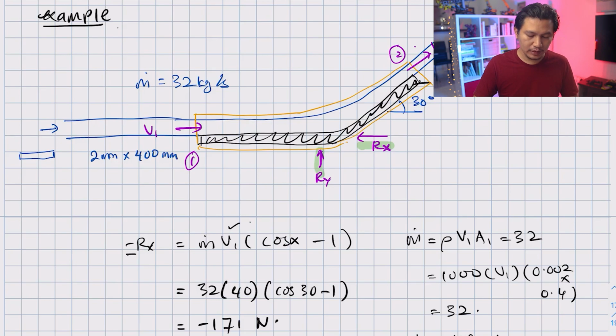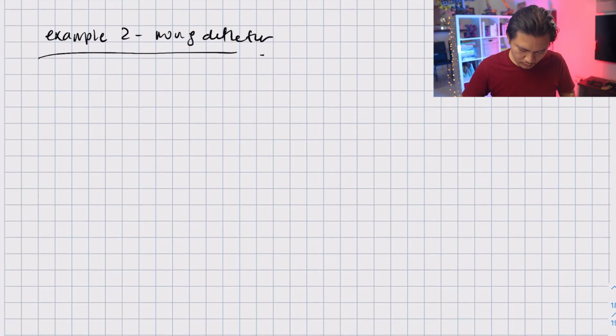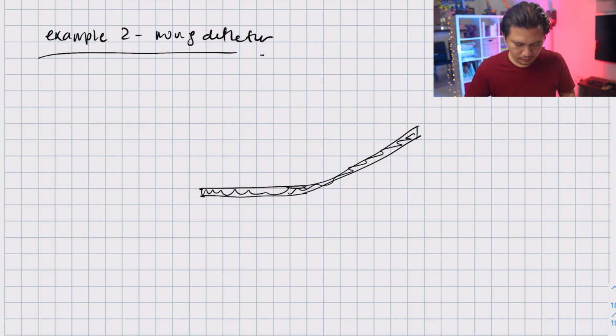Now, let's make it a little bit more complicated by introducing a moving deflector. Okay, now let's take a look at our moving deflector. Of course, water will come from left to right. Let's use blue.